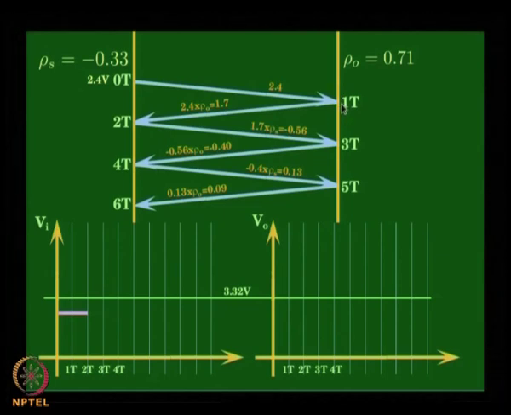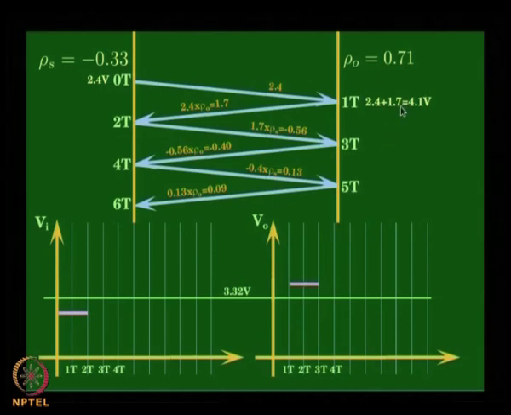So, at this node point, the voltage at this load side will be whatever is arriving and whatever is leaving, it is an algebraic sum. So, the value that you will expect to see here is 2.4 plus 1.7, which is 4.1 volts.